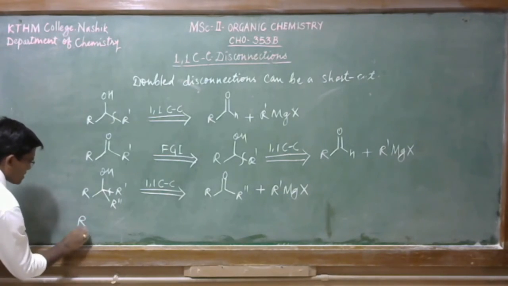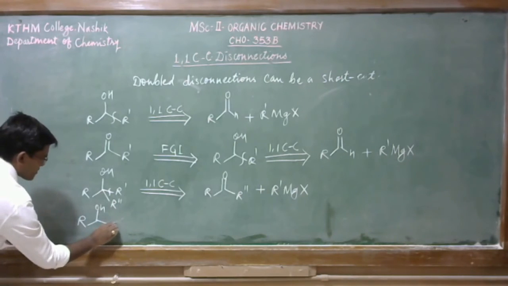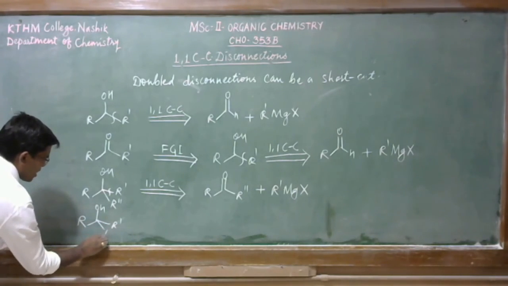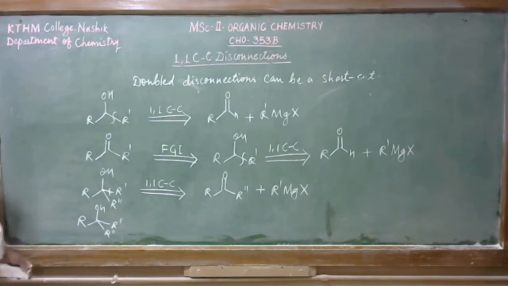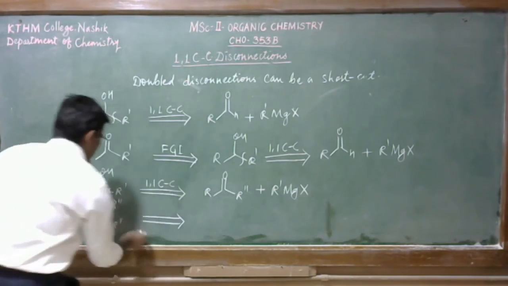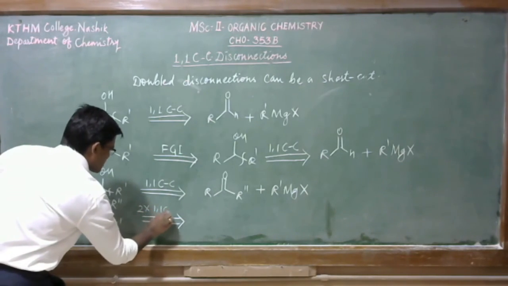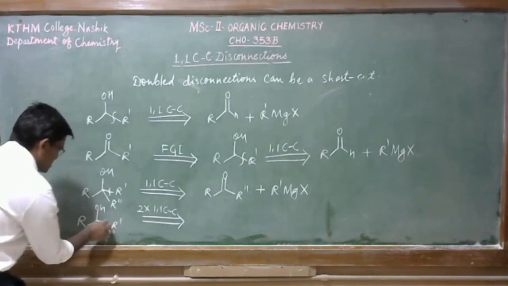Suppose we have another tertiary alcohol, which has two similar R groups. In this case we can do a double 1,1 carbon-carbon disconnection, like this.